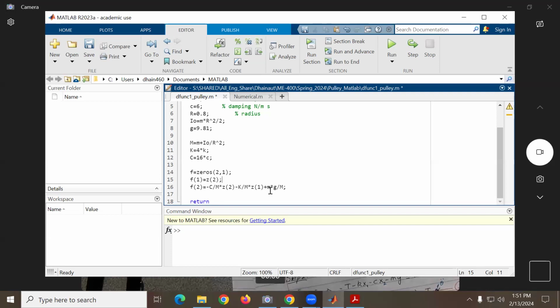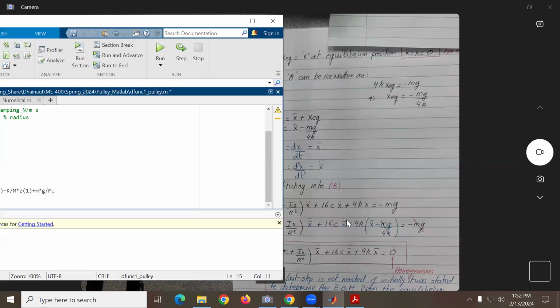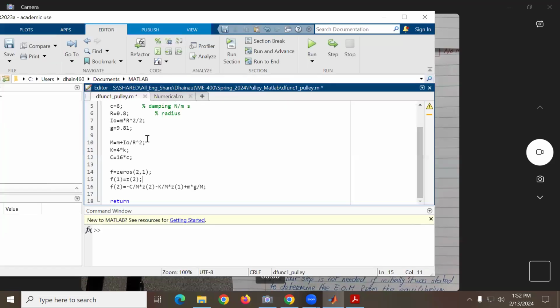Let me just relook at the equation here for us. So this is our equation. So we need to rewrite x double dot. So this one will be negative, negative, negative. So three of them should be negative, divided by the capital M, which is all this stuff.